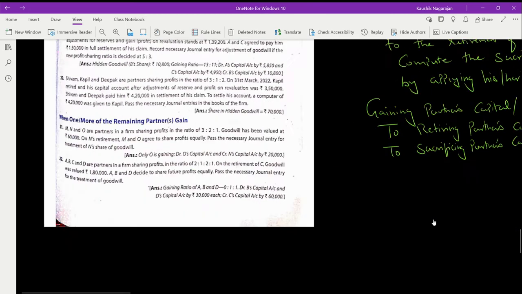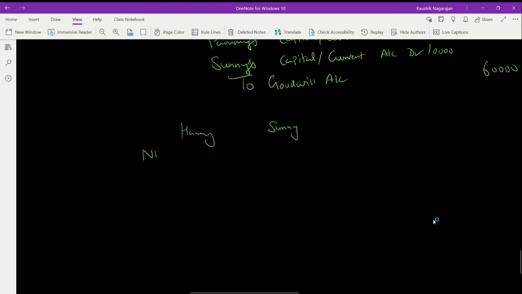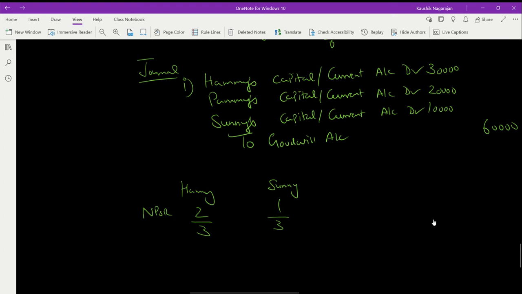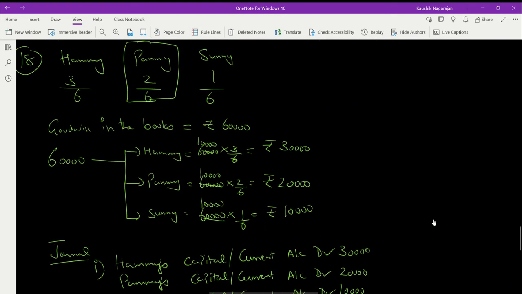Check out the question. It is 2 is to 1. NPSR is 2 is to 1. Now that gives you 2 by 3 and 1 by 3. The goodwill of the firm is given in this case as rupees 84,000.